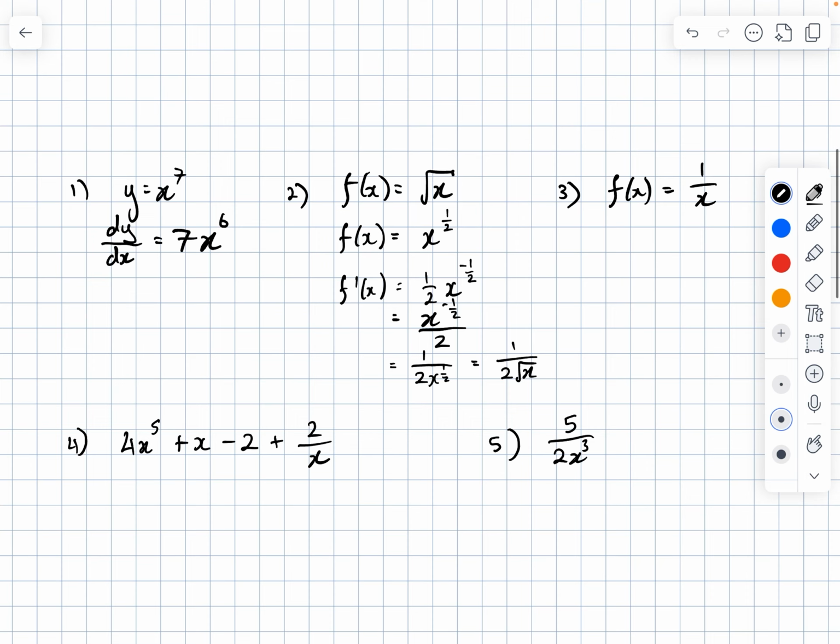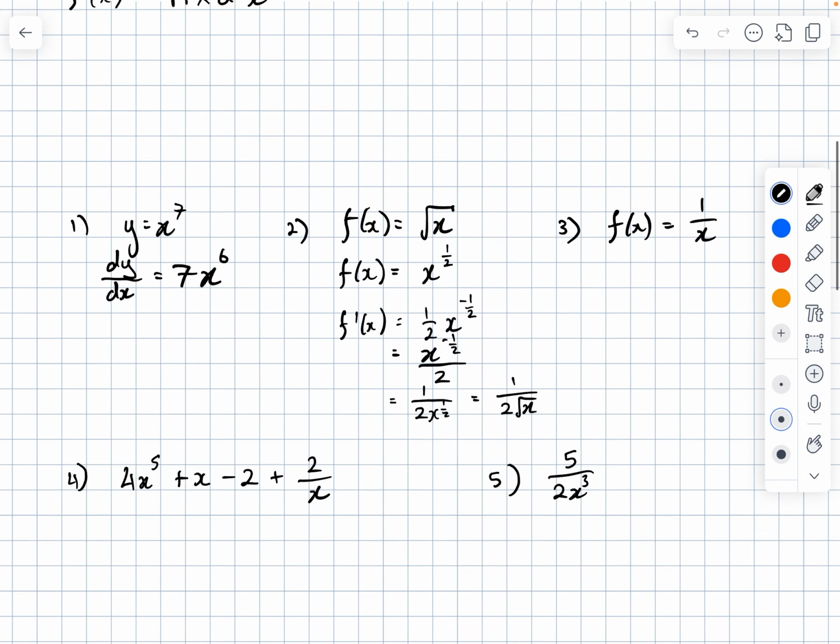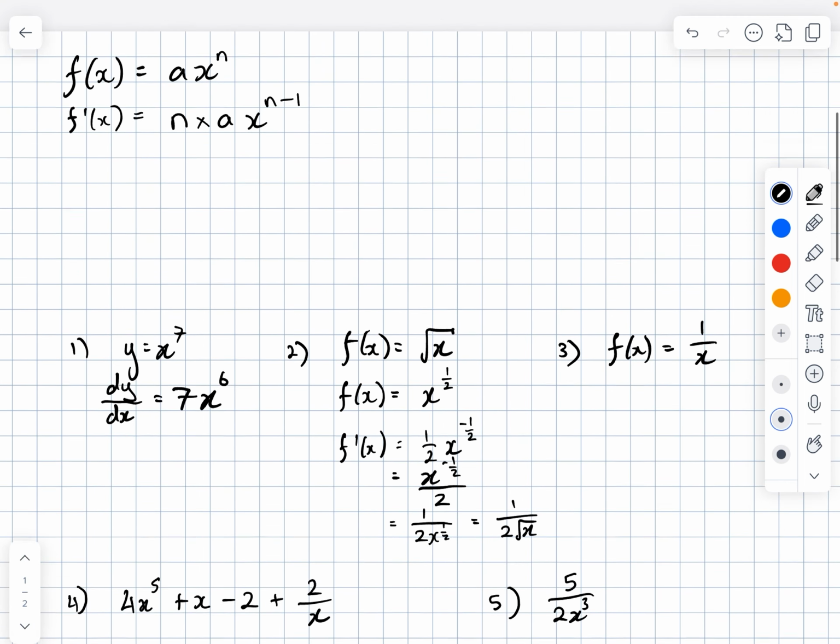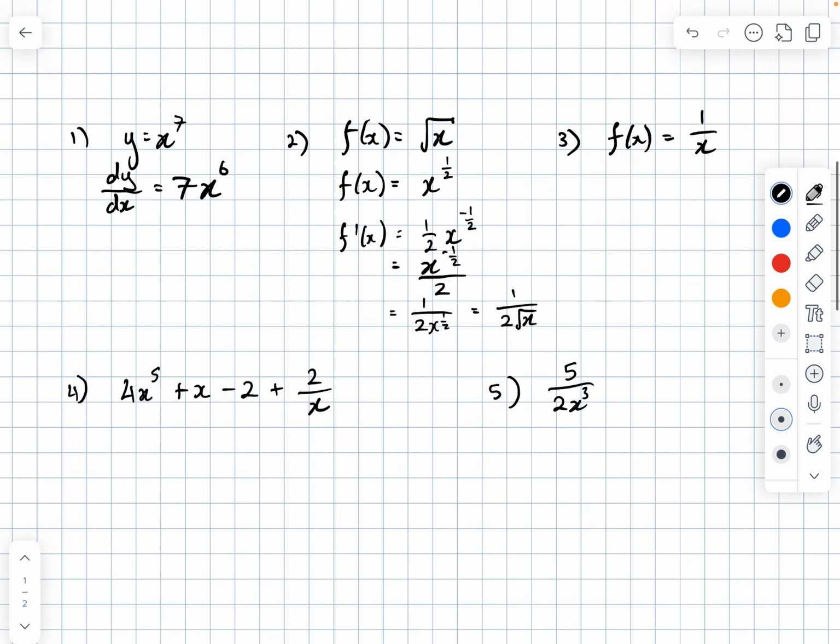Now, third question, we've got 1/x. This is not in the polynomial form that was above. It needs to look like that. This is 1 over that. So the first thing we're going to do is bring our x to the top by rewriting it as x to the power of -1.